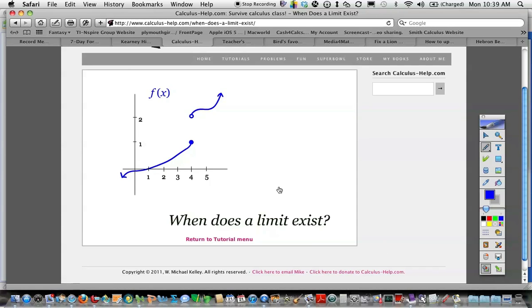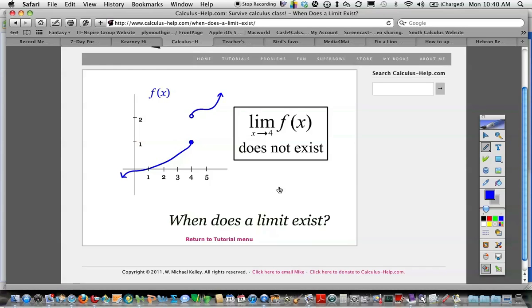Now it's time to get down to the brass tacks and look at this mathematically. Take a look at the graph of this function f of x. Visually, you can see that it's got a break in it at x equals 4. So, if we travel towards 4 from the right, we will arrive at a height of 2. However, if you travel towards 4 from the left, you will arrive at a height of 1.